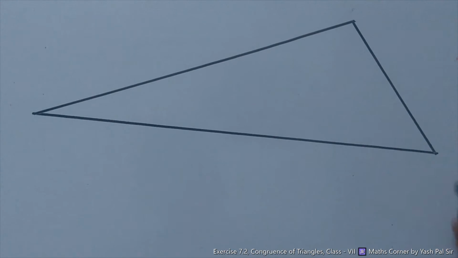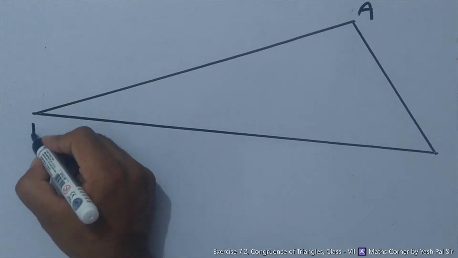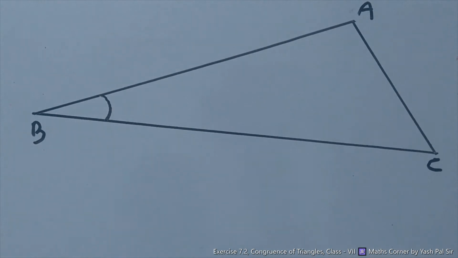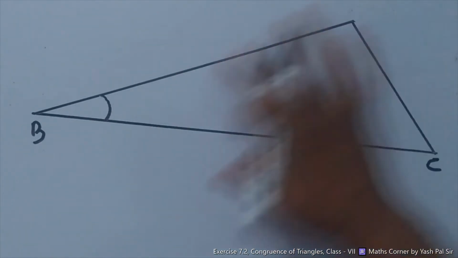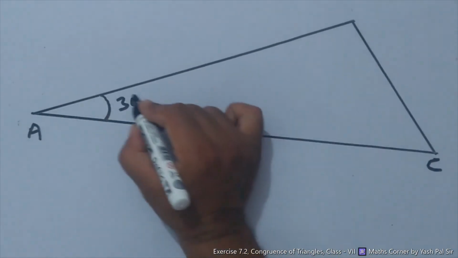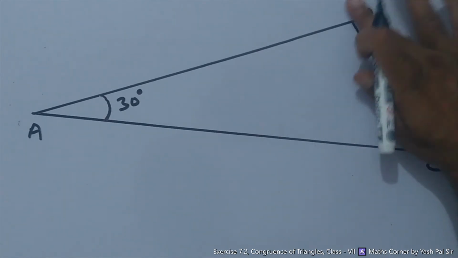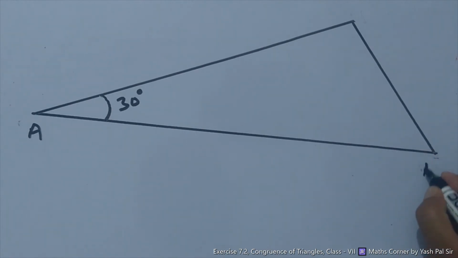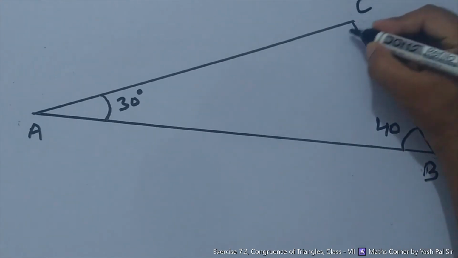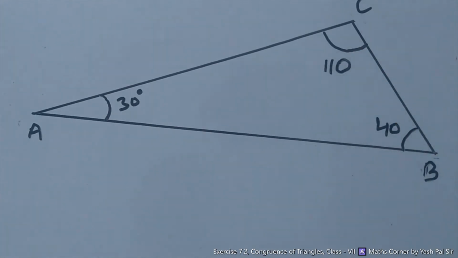Here we take the help of one diagram. Suppose this is the triangle. Name of this triangle is triangle ABC. I am changing the names because angle A is given to be 30 degrees, right? And angle B is 40 degrees. So here this is B. Angle B is a 40 degree angle. Angle C is 110 degrees. Right?